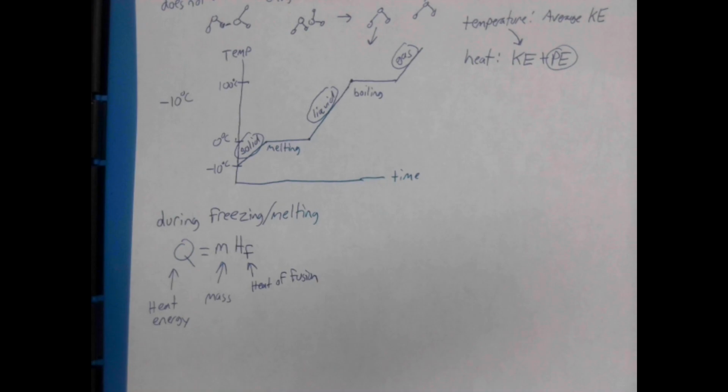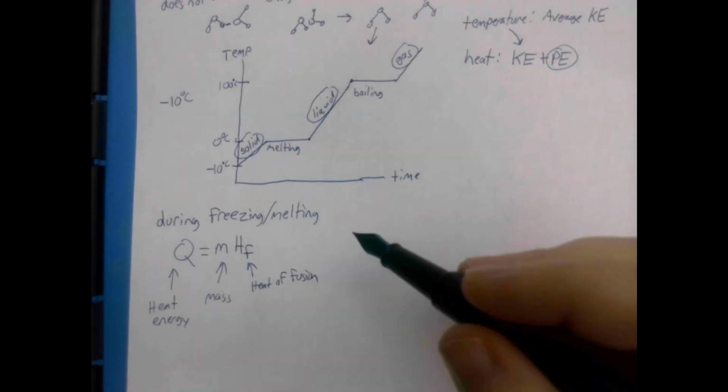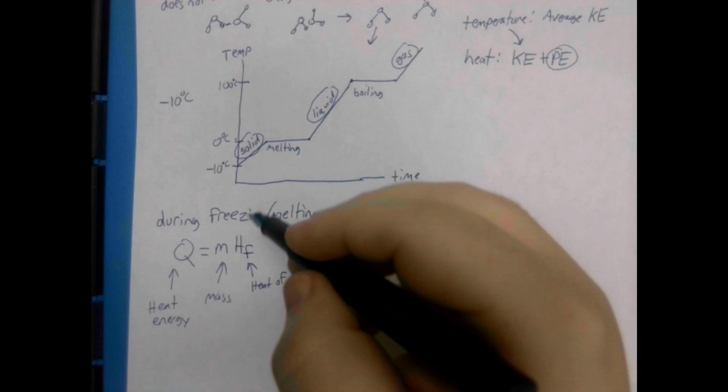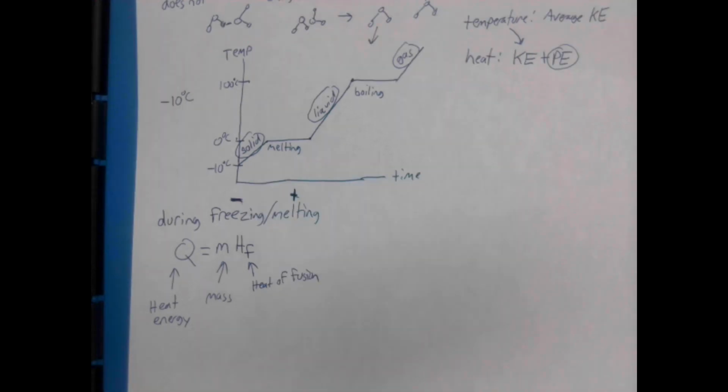Note, for heat of fusion, if it's freezing, we plug in a negative value, and we plug in a positive value if it's melting.